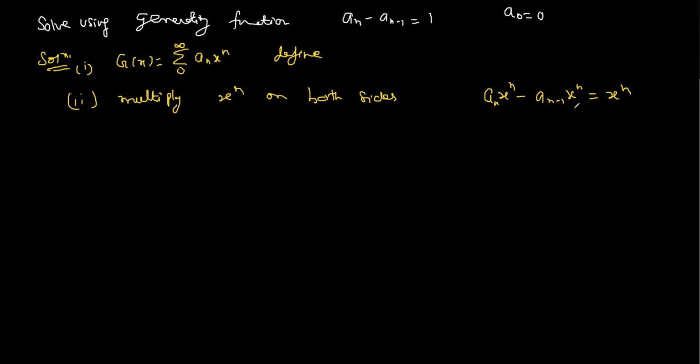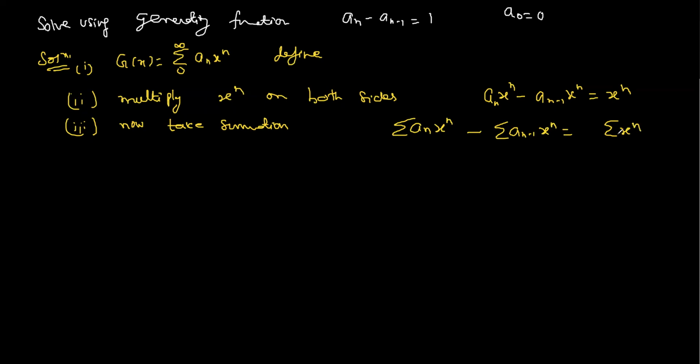Now take summation on both sides. When you take summation, you will get a_n x raised to n minus a_(n minus 1) x raised to n equal to x^n. Is it clear?